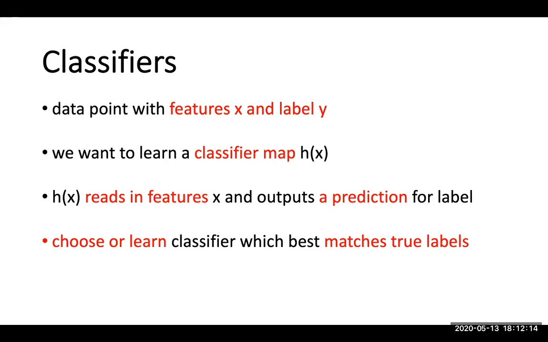But mathematically, a classifier is basically like a predictor. It's a map that reads in the features, like all the statistics or characteristics of a basketball player, and produces an estimate or a guess for the label, like the optimal position. And machine learning or classification methods, as a subset of machine learning methods, are then methods that learn or find a classifier which best matches the true labels.